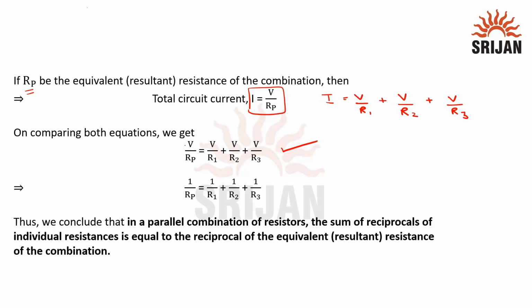We will cancel V from both the sides. So finally we will get 1 by Rp is equal to 1 by R1 plus 1 by R2 plus 1 by R3. So thus in case of a parallel combination of resistors, the sum of reciprocals of individual resistances is equal to the reciprocal of equivalent resistance of the combination.